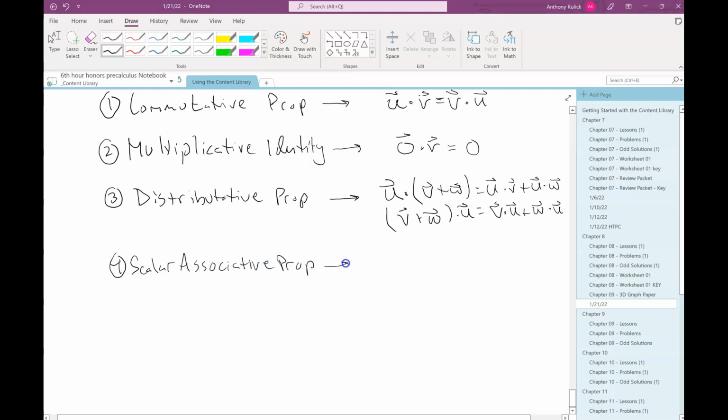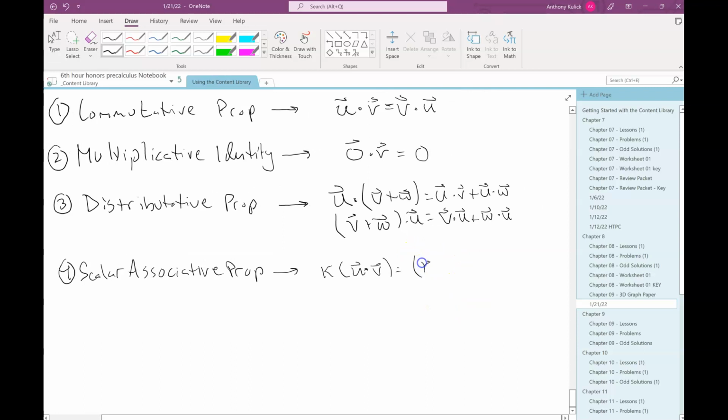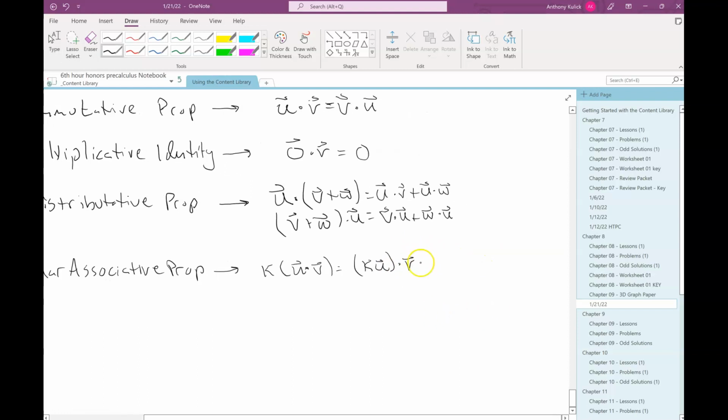Next is the scalar associative property. It says the scalar times the dot product of u and v is the same thing as the scalar times u and then dot v, which is the same thing as u dot the scalar times v.